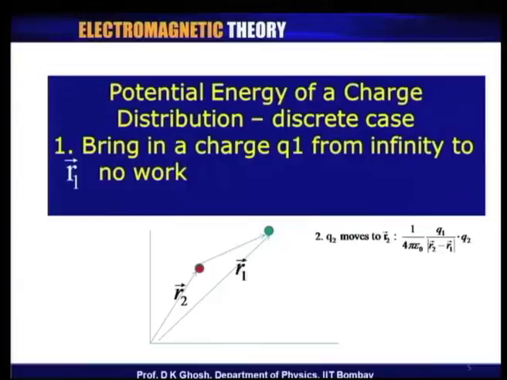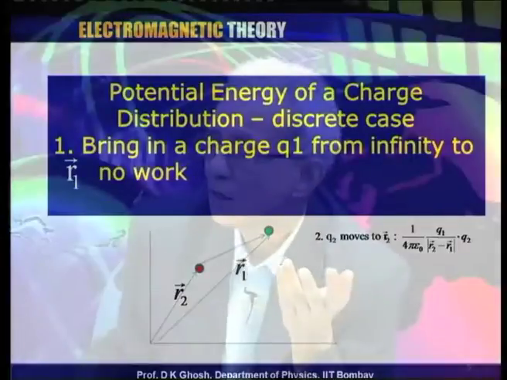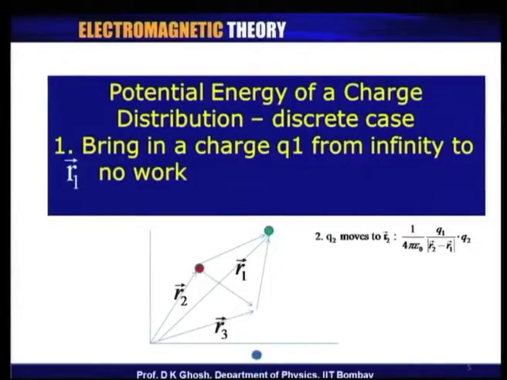Therefore, the electric field at this position, which is r 2, is 1 over 4 pi epsilon 0 times q 1 divided by the magnitude of r 2 minus r 1, directed along the line joining them. So the work that needs to be done is 1 over 4 pi epsilon 0 times q 1 by the magnitude of r 2 minus r 1, times the charge q 2. This work that you have done will now become the potential energy of the system of two charges. Now, let us bring in a third charge.